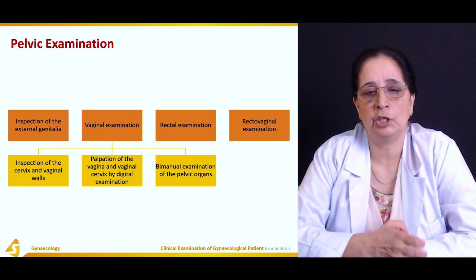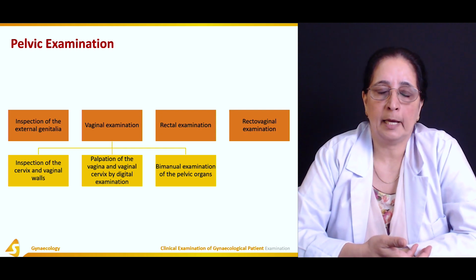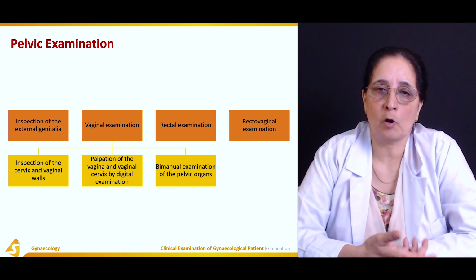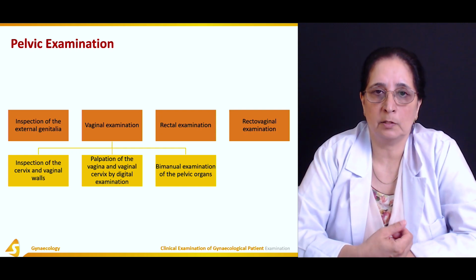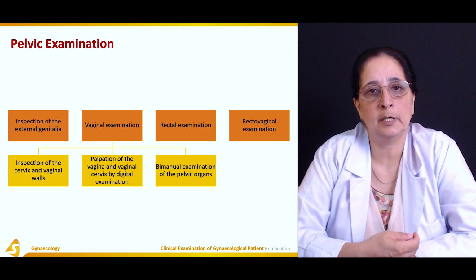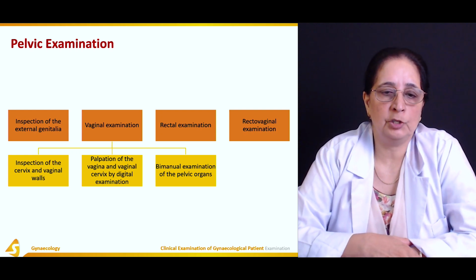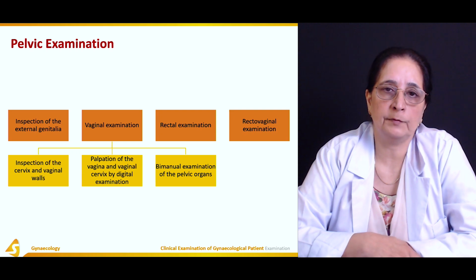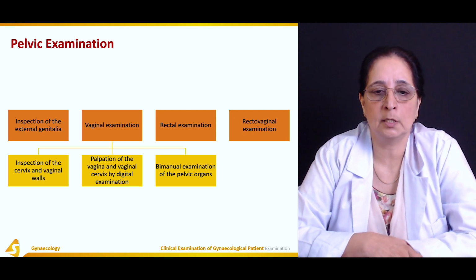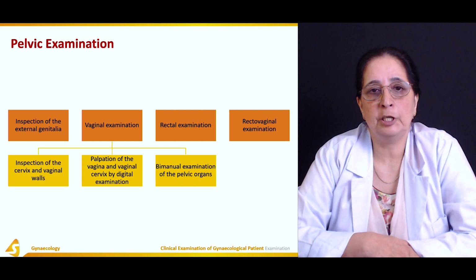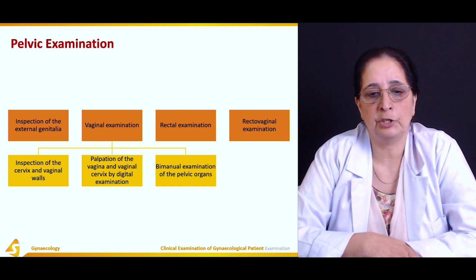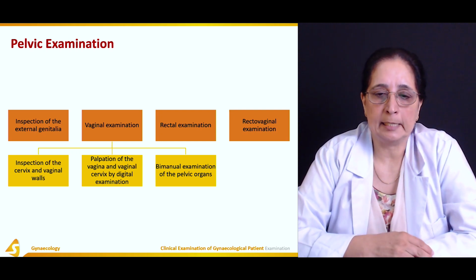Rectal examination can also be performed by proctoscope, rectoscope, and then by the finger also. In the vaginal examination, usually the examination of the cervix and vaginal walls is done, and then palpation of the cervix and vagina by digital examination.